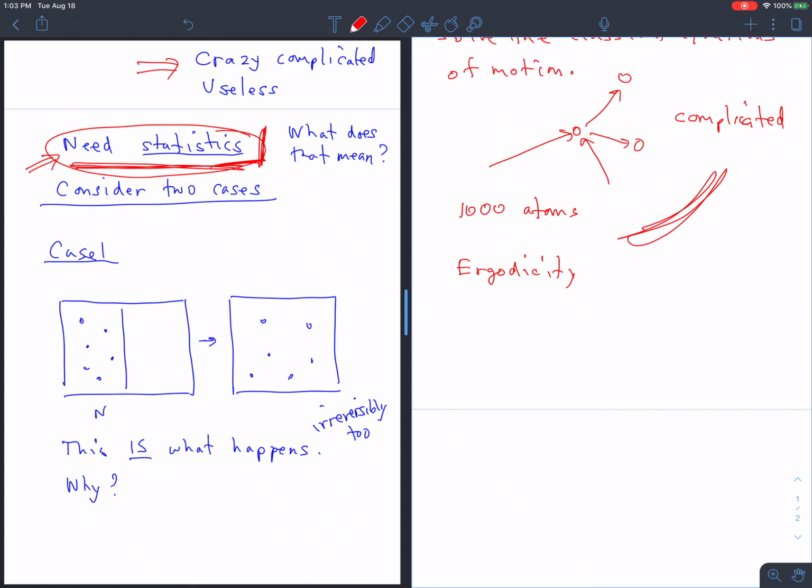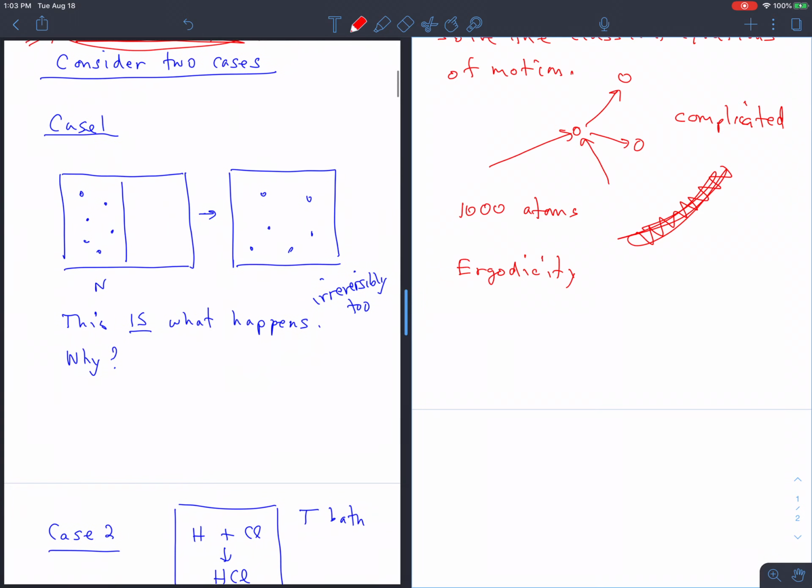Let me say that while you can in principle do this kind of thing, it's also very difficult, of course, to even get solutions to cases like that. And it turns out that the statistics are often much easier to compute too. So, both for practical reasons and for a priori reasons, we want to do the statistics.